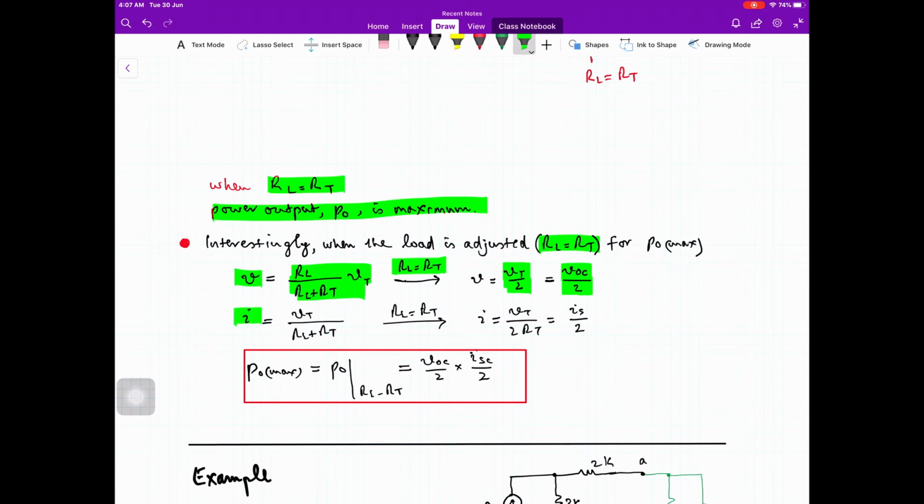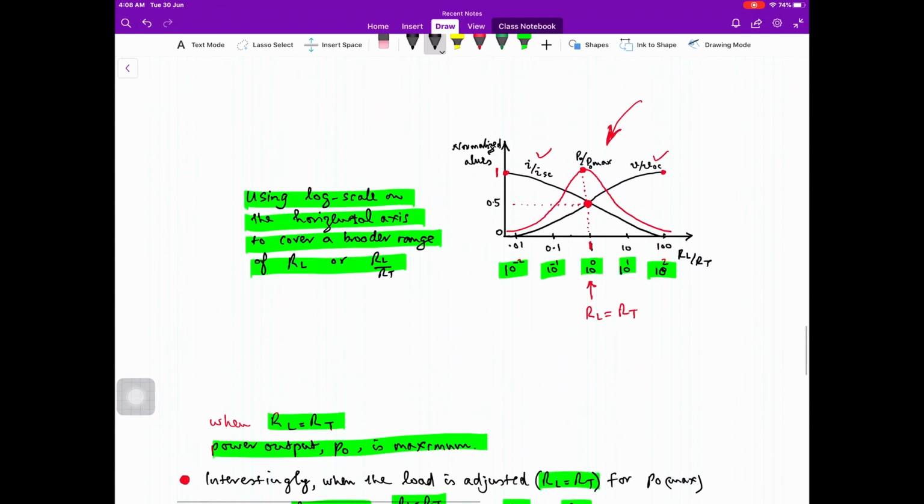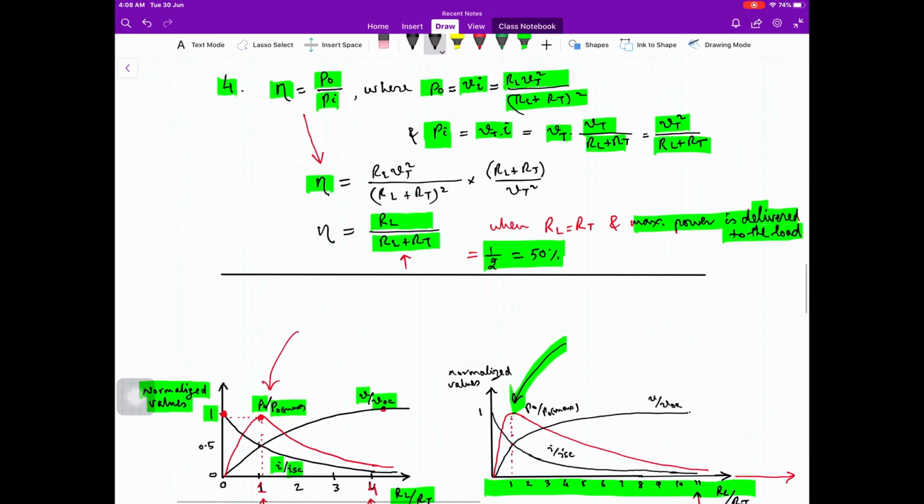Now the current, we already know the expression of the current. We substitute RL equal to RT, and we will see that it is VT divided by 2 RT, and finally it is 50% of I short circuit, and I short circuit is the maximum value of the current in the mesh. Remember, I short circuit is the previous expression you can see over here.